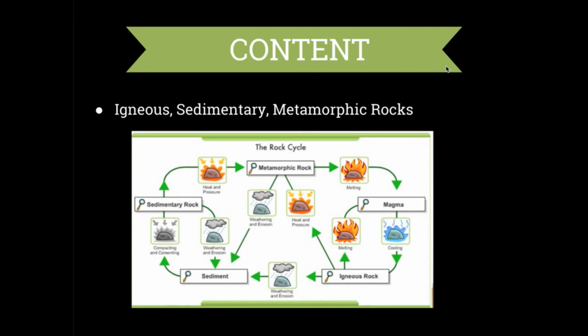As you can see here, I put a diagram of the rock cycle, and what this pretty much means is it gives a basic diagram about how different rocks can turn into other ones. For example, if you see here, a sedimentary rock and an igneous rock, if they undergo heat and pressure, can become metamorphic rocks. And there are a lot of different sources of heat.